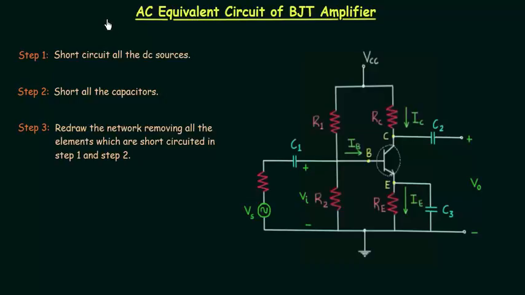In this lecture, I will explain how to obtain the AC equivalent circuit of a BJT amplifier. We need the AC equivalent circuit to find out the AC response of the BJT amplifier.